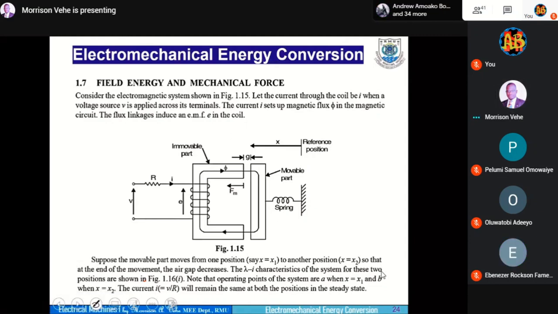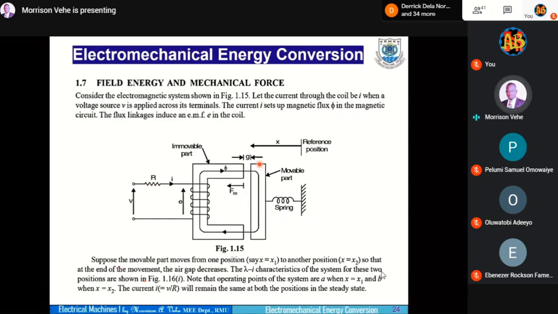So the field energy and then the mechanical force. We want to consider this system as we have in the figure. We are familiar with this kind of system.